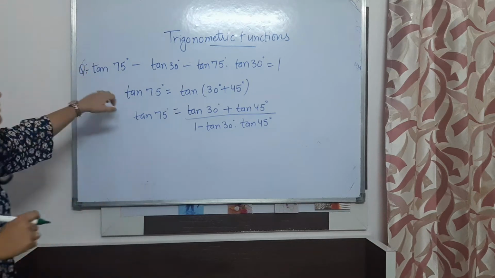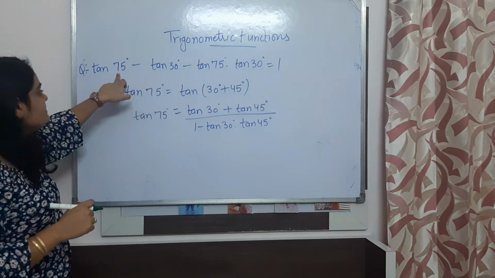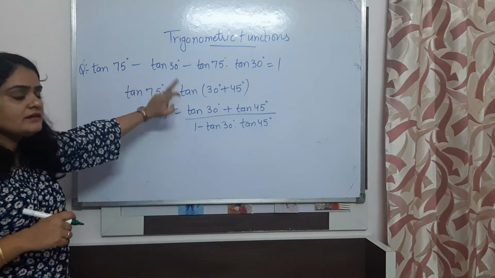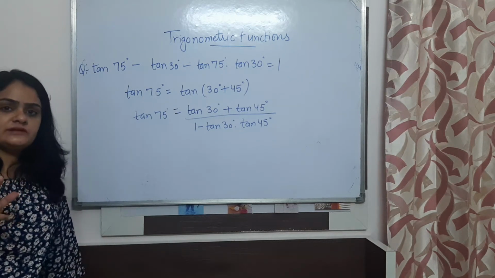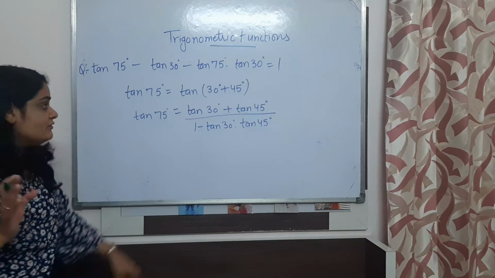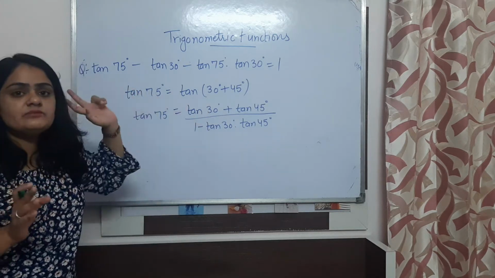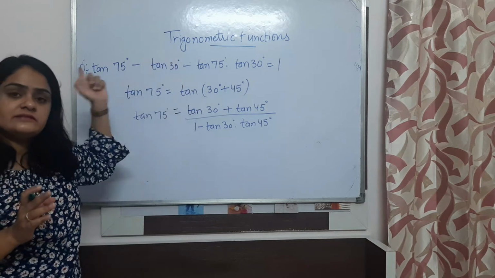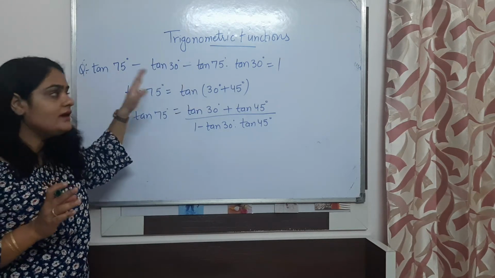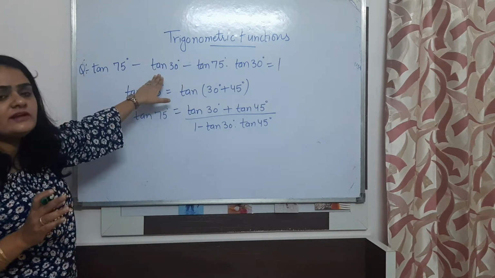Now you are watching that in the statement tan 75 is there, tan 30 is there, but tan 45 is not there. That means we need to substitute the value of tan 45. Well, we have the value of tan 30 as well, but we need to prove this thing where tan 30 stays tan 30, so we don't have to substitute its value.